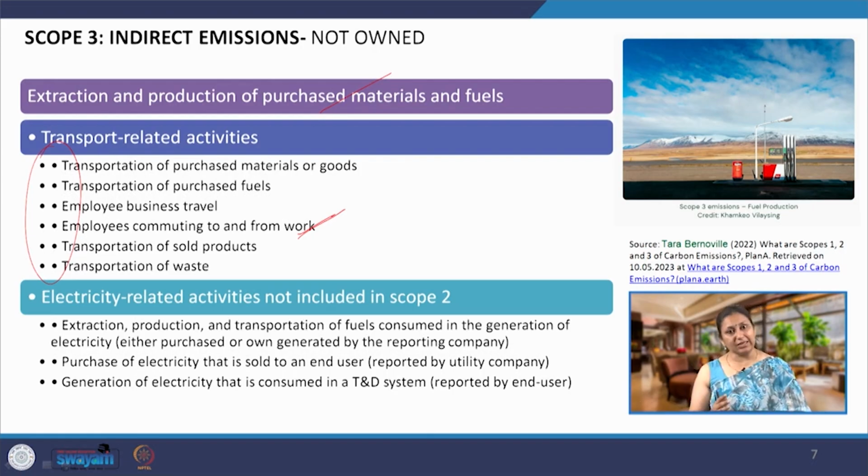So, scope 3 is really wide, because ideally we should be making it as comprehensive as possible, covering all the possible emissions that might be taking place. We will also be talking about generation of electricity that is consumed and reported by the end user. That is also coming in your scope 3 activities. These are electricity related activities not included in scope 2, which is part of scope 3.